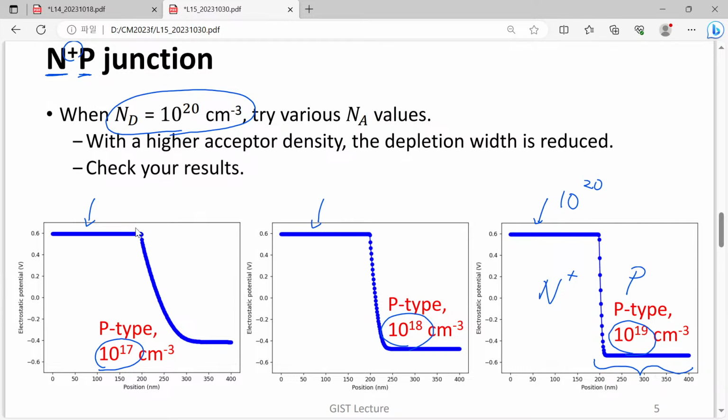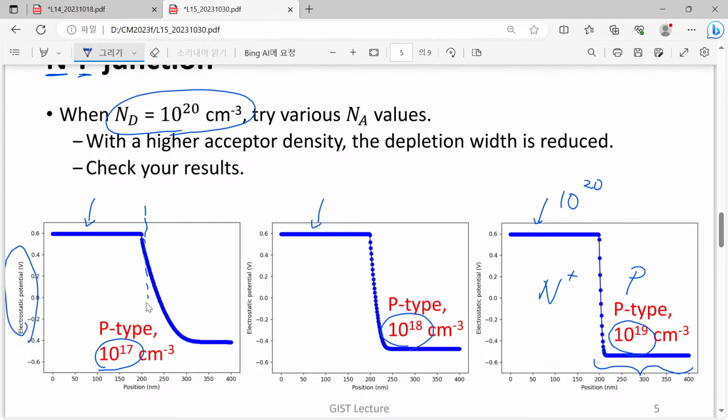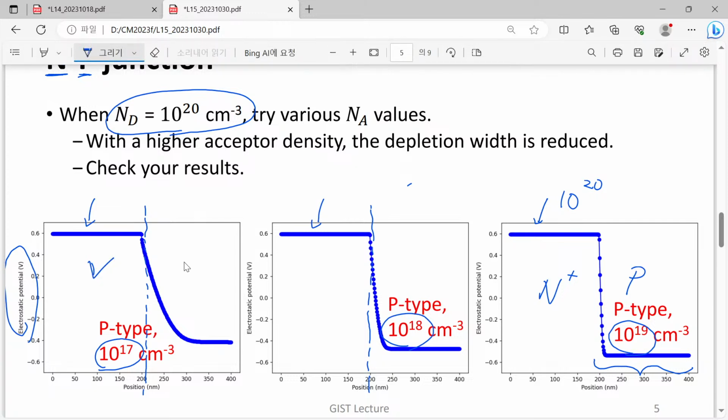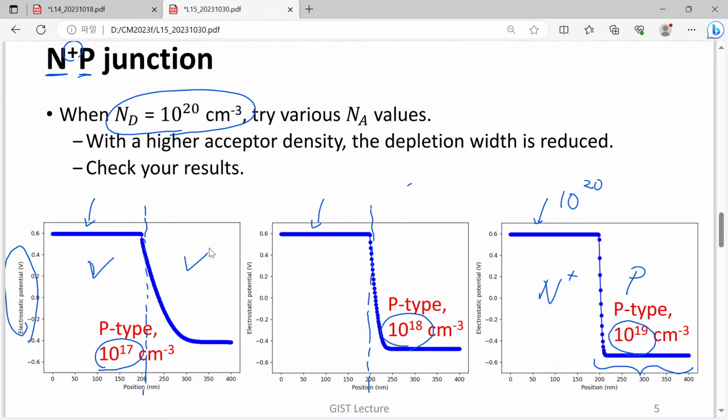Please have a look at the behavior of your electrostatic potential. This is the metallurgical junction. My question is where the change of the interesting physical quantity happens, in the n-type region or in the p-type region, where the potential changes.